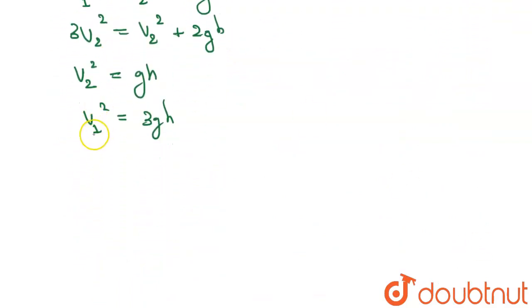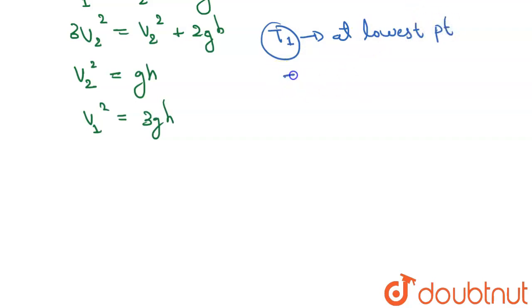Now the tension at the lowest point and the highest point, that we will be determining. So let's define that for the lowest point, tension at the lowest point is T1, and T2 at the highest point.